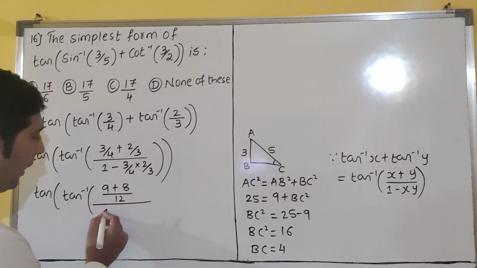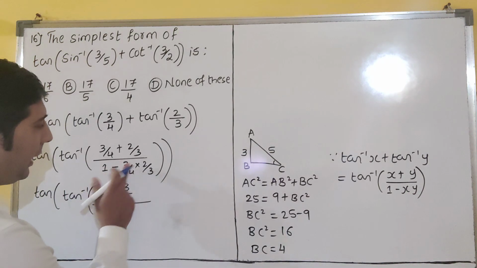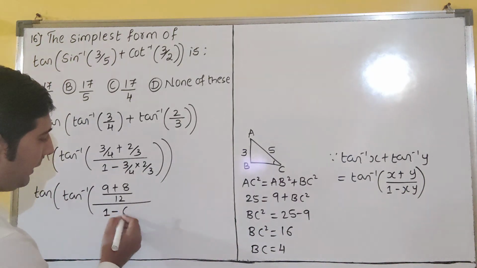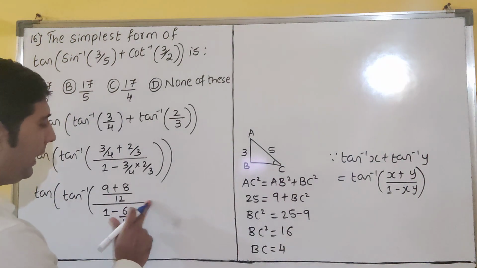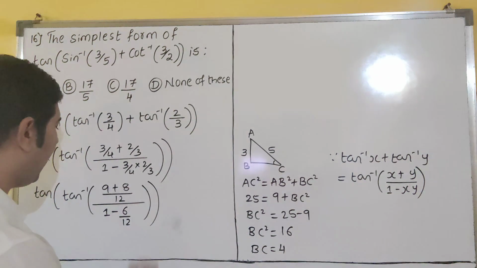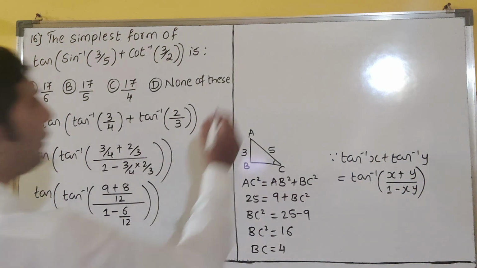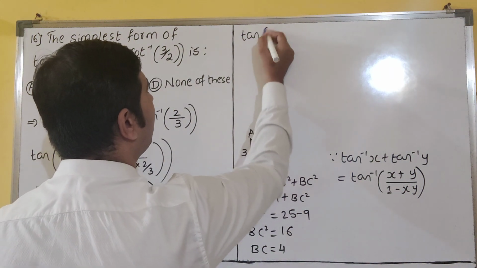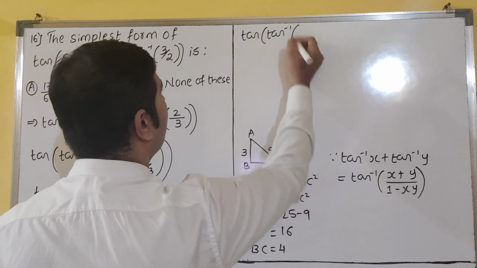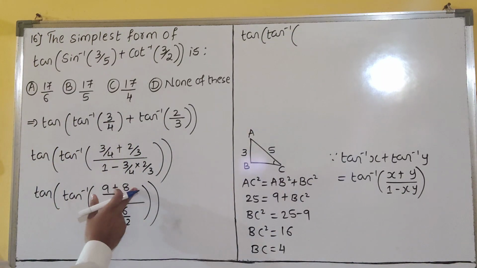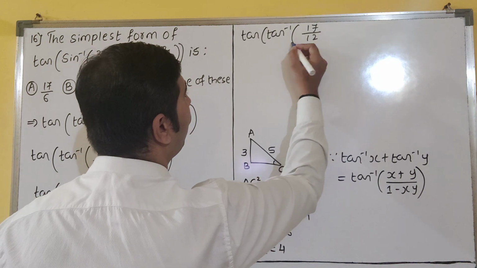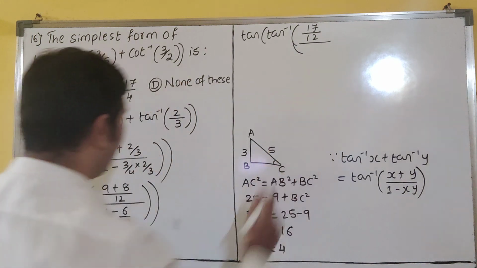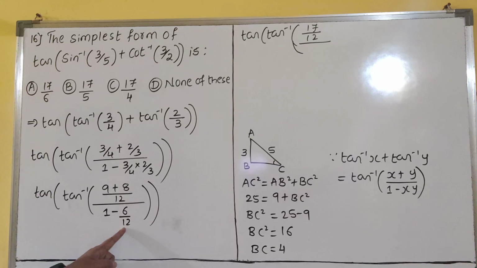Otherwise, I will show you one more step. 3 minus 3 into 2 is minus 6. 4 3s are 12. Okay. We'll close the brackets. So now you see. I will show here tan of tan inverse. 9 plus 8 is 17. 17 by 12. Whole divided by. You see. Cross multiply. Take LCM.